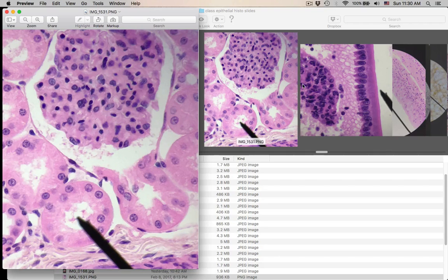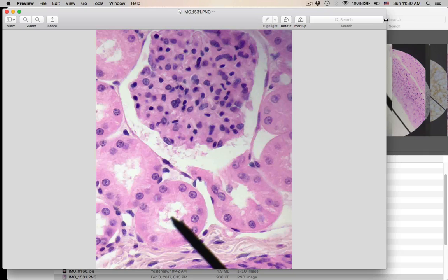Number 22, easy weasy. Pointer in the lumen. What type of epithelial tissue is facing the lumen? This is number 22. Make sure you're writing these down.